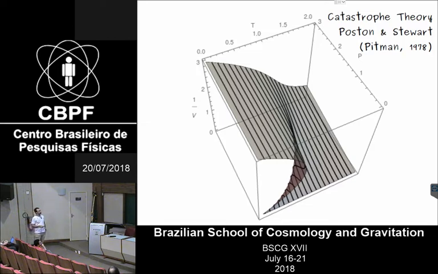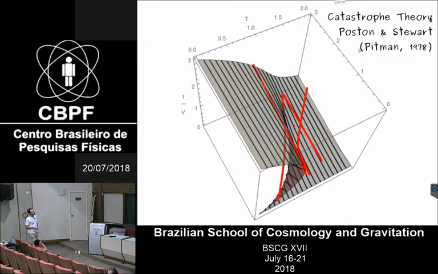And then we can work using catastrophe theory to describe what happens in this region over here. So it turns out that this is a cusp catastrophe, and this system follows almost on the border of this region over here. So the system follows the border of this region for most of the time.